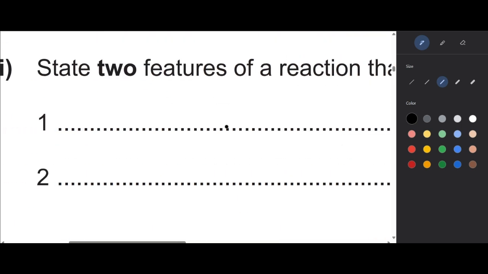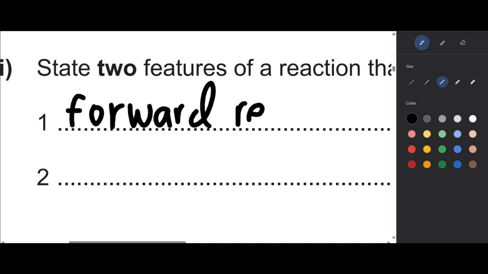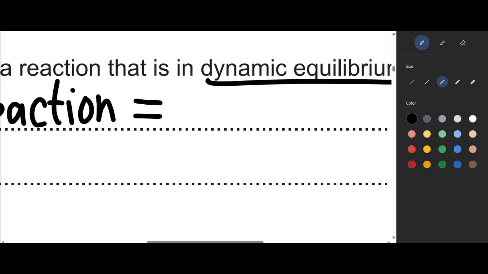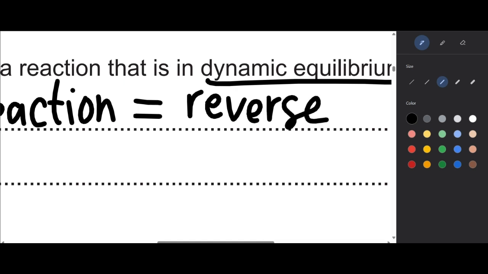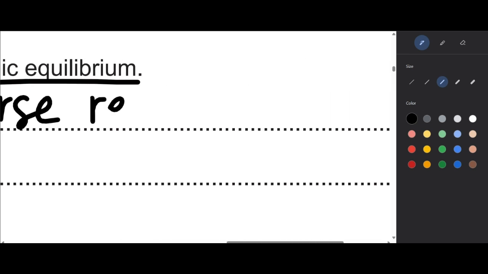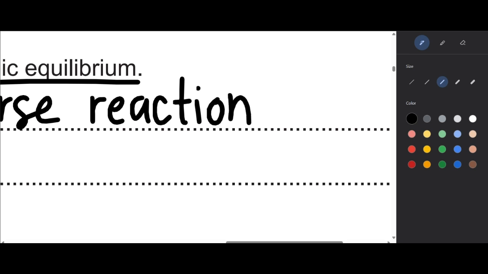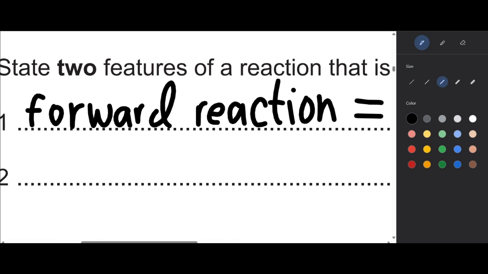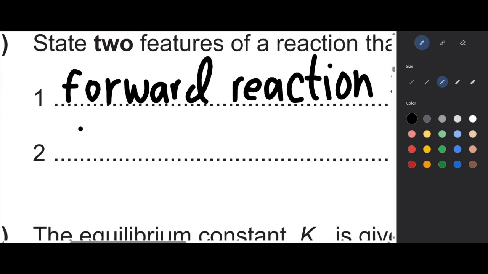So we can write in here: forward reaction is equal to the reverse reaction. And the second feature is when the concentration of the reactant or product is constant.